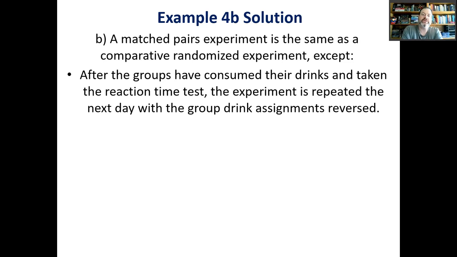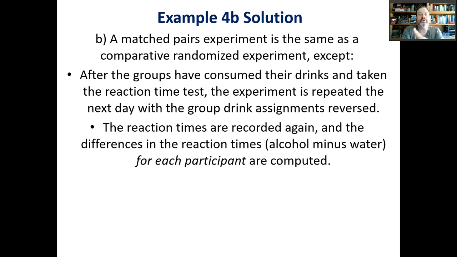After the groups have consumed their drinks and taken the reaction time test, the experiment is repeated the next day with the group drink assignments reversed. The reaction times are recorded again, and the differences in the reaction times, alcohol minus water, for each participant are computed. That's not the same thing that we did in Part A. In Part A, we had two different groups and computed the averages for both groups.